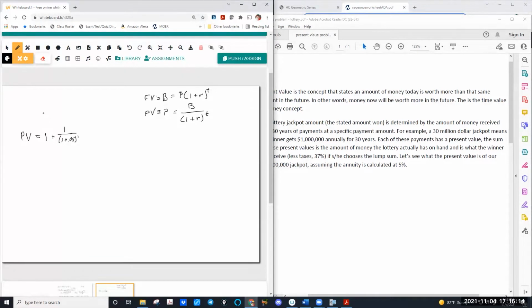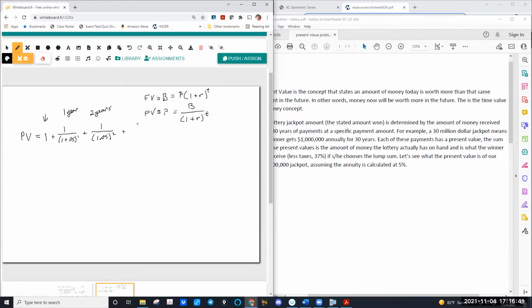So this is what he gets right now. This is 1 year later. He's going to get another one after 2 years. Well, the present value of that is $1 million, but then it gets divided by the 1.05 twice because it had 2 years to accrue interest.